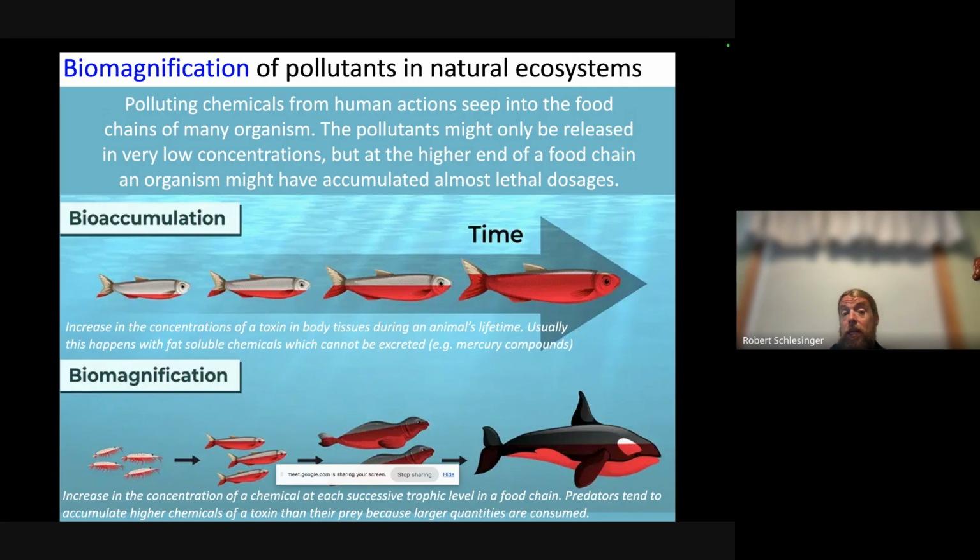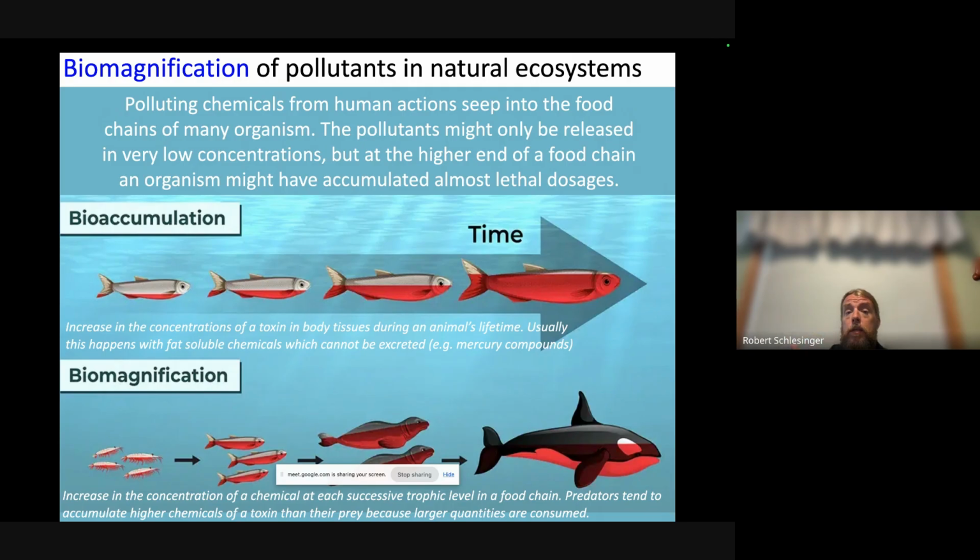And those seals have been eating lots and lots of fish. And those fish have been eating lots and lots of smaller critters. And all of those organisms have experienced bioaccumulation. And so that killer whale is getting a much higher dose of whatever particular chemical that we're concerned with than perhaps some of the organisms further down the food chain.